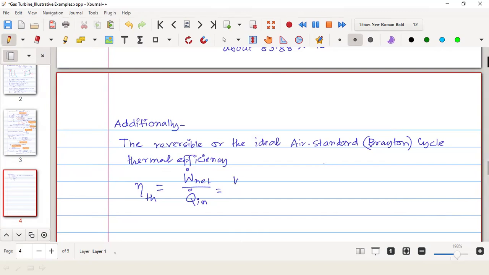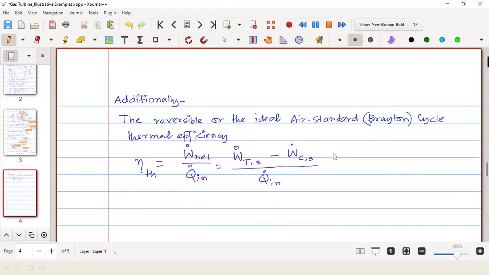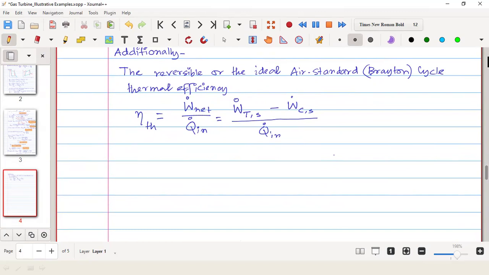So W dot net is equal to W dot T isentropic minus W dot C isentropic, divided by Q dot in. This is theoretical. Therefore, the mass flow rate may be cancelled because everywhere the mass flow rates are the same.